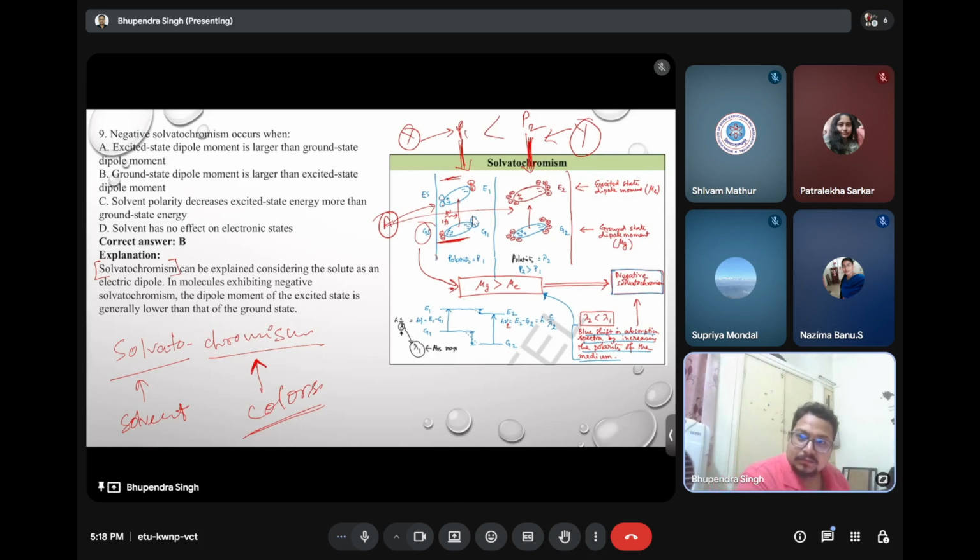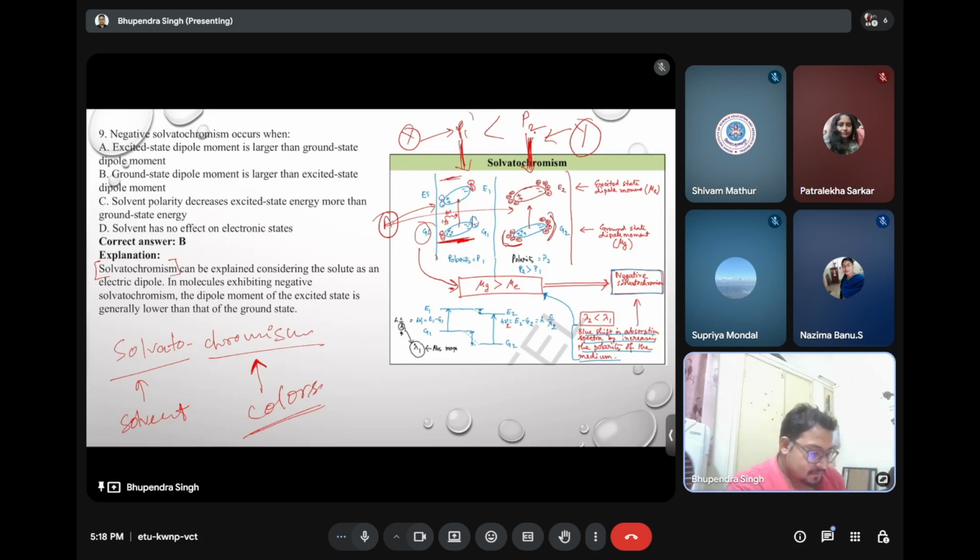So what will happen? If the ground state polarity of molecule A is higher, and P2 is higher, then the ions will come here and stabilize it, because positive and negative will anyway stabilize.